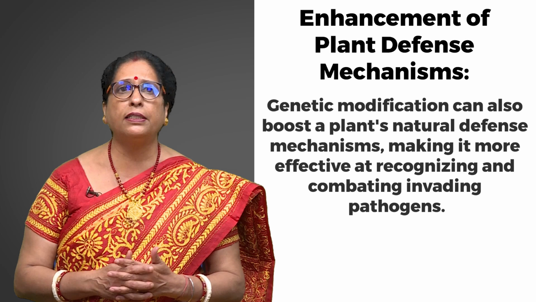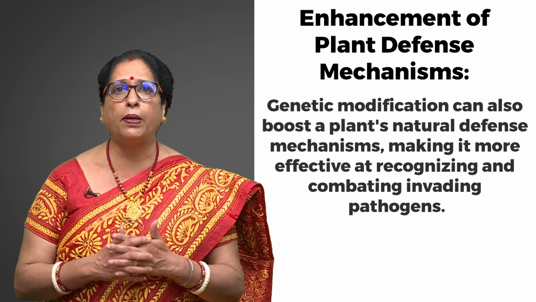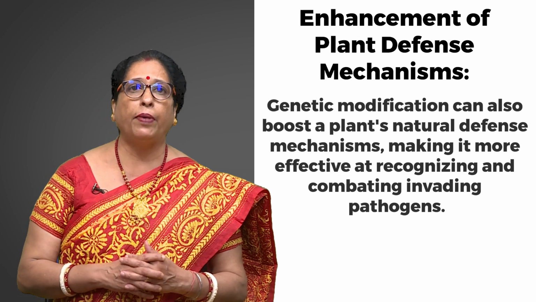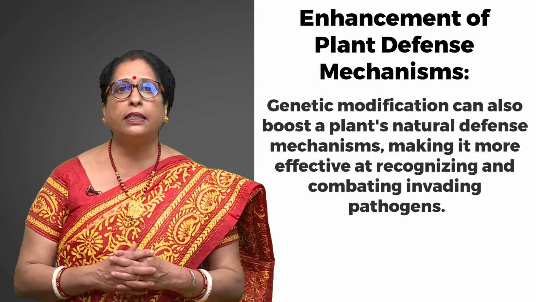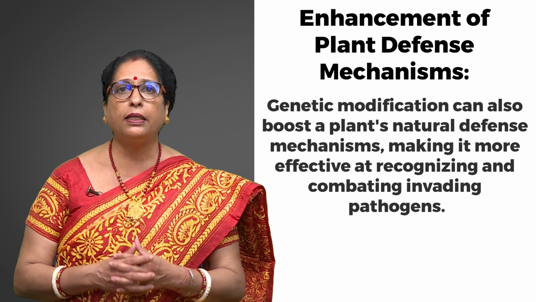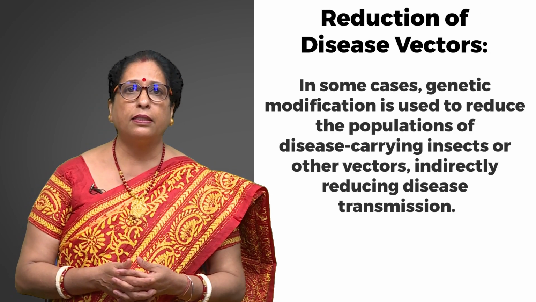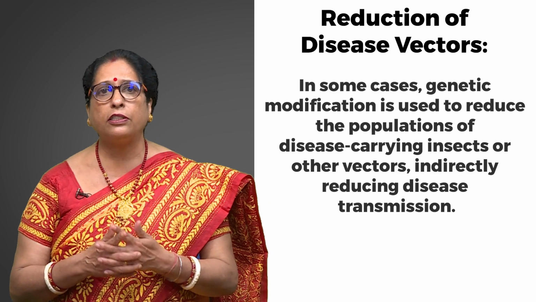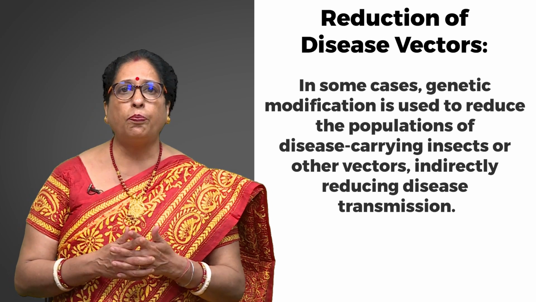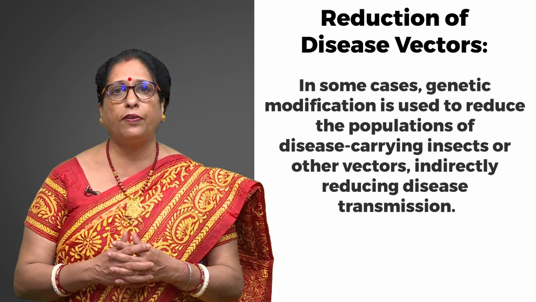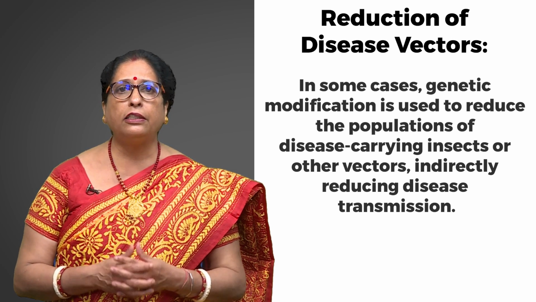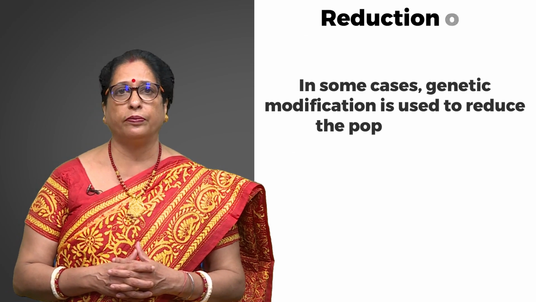Genetic modification can also boost a plant's natural defense mechanisms, making it more effective at recognizing and combating invading pathogens. In some cases, genetic modification is used to reduce the population of disease carrying insects or other vectors, indirectly reducing disease transmission.